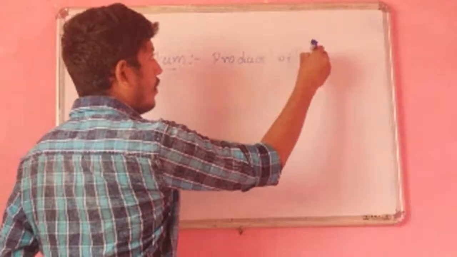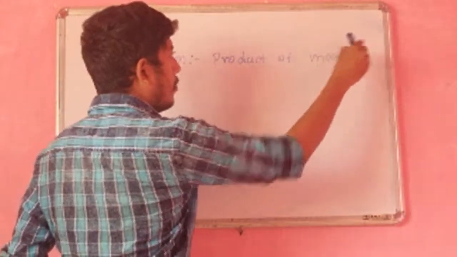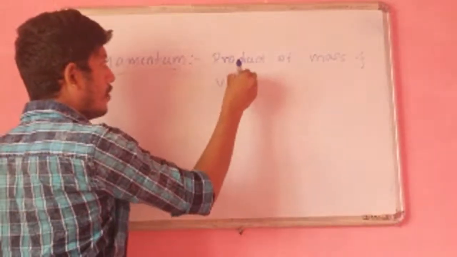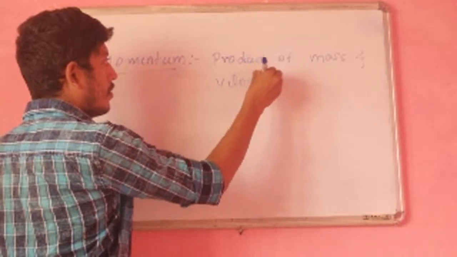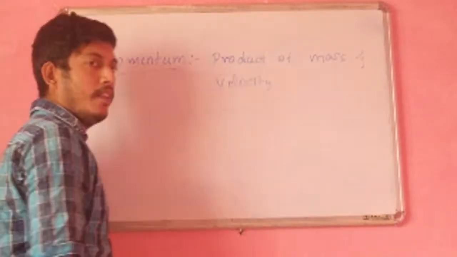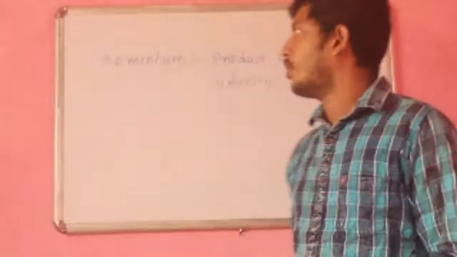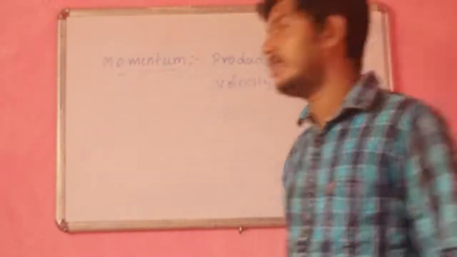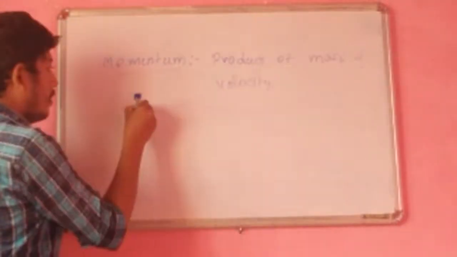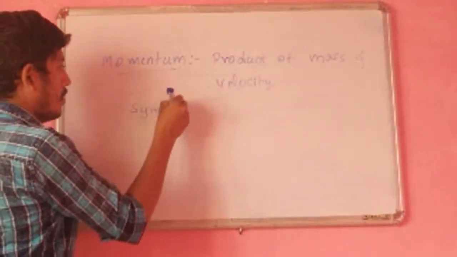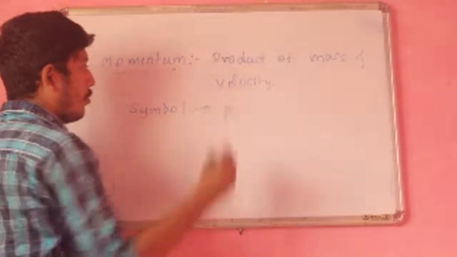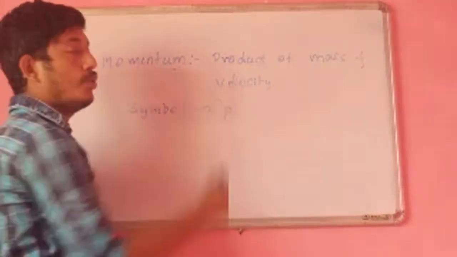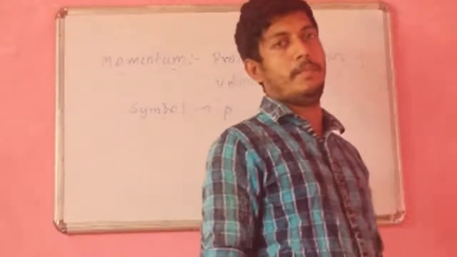Product of mass and velocity is called momentum, and the symbol used to represent momentum is small letter p.